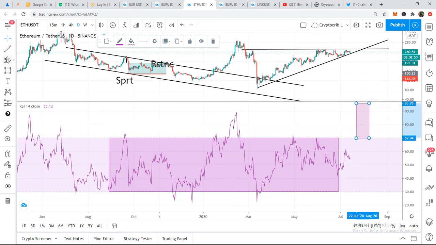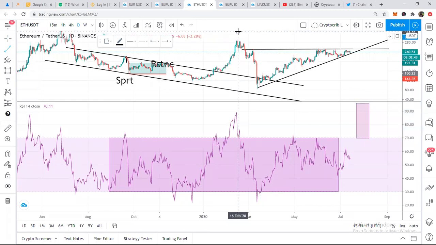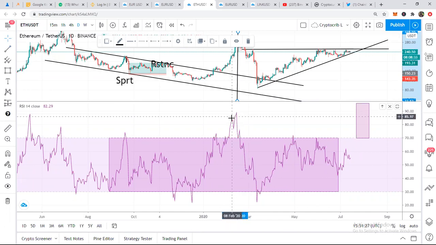Now, let's check the corresponding points for this overbought position on this part. You can see this sharp cliff.